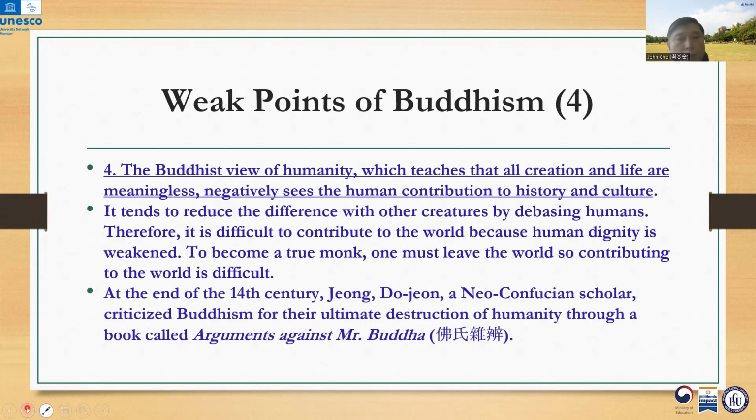So, at the end of the 14th century, Zheng Dozhen, who was a Neo-Confucian scholar, criticized Buddhism for their ultimate destruction of humanity through a book called Arguments Against Mr. Buddha. In Korean, 불시 잡변.